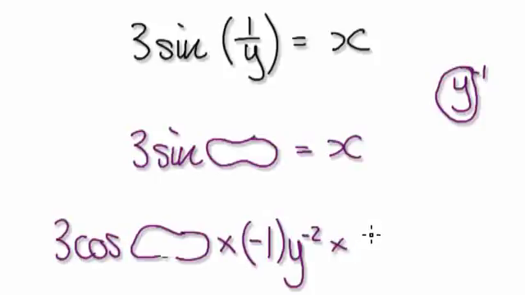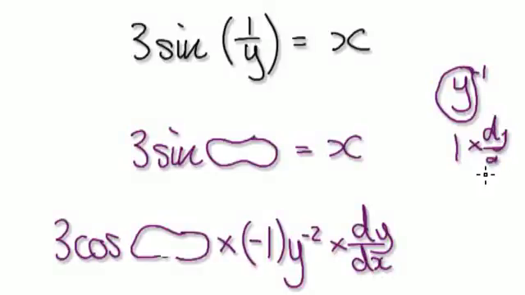So that will be times dy by dx. Because when you differentiate the y, it will just be 1, but then you've got to times dy by dx. We've done many examples on this already, so if you don't understand this, you have to scroll back to one of the early videos.